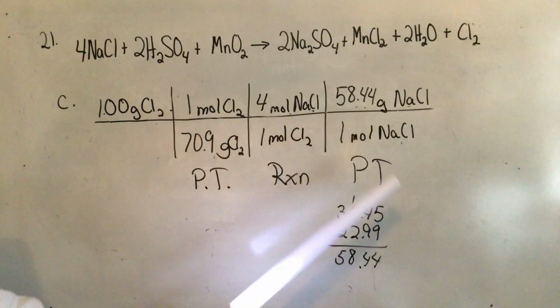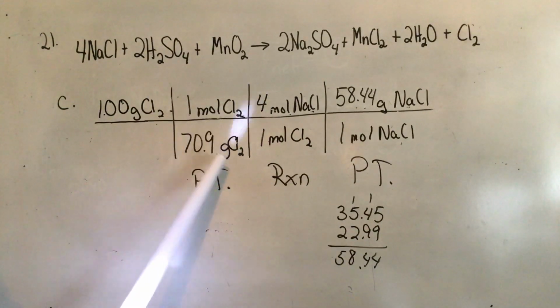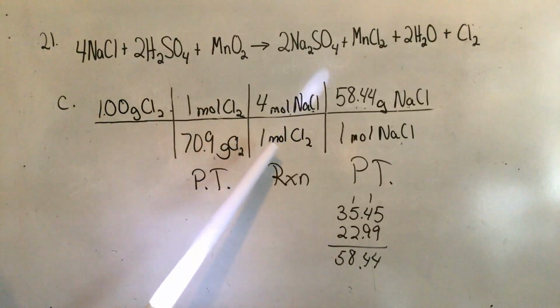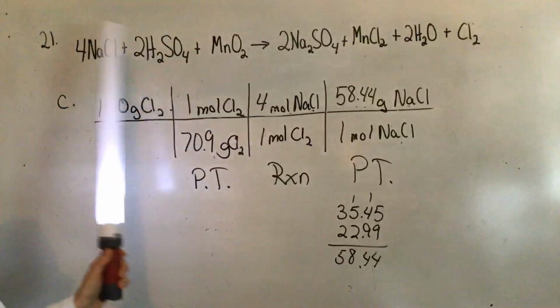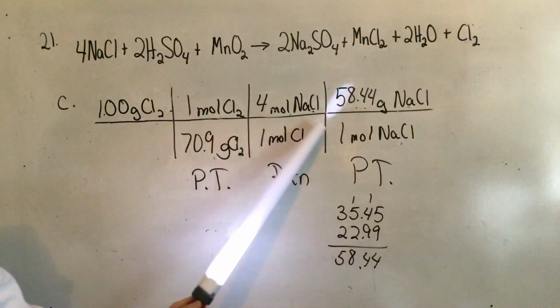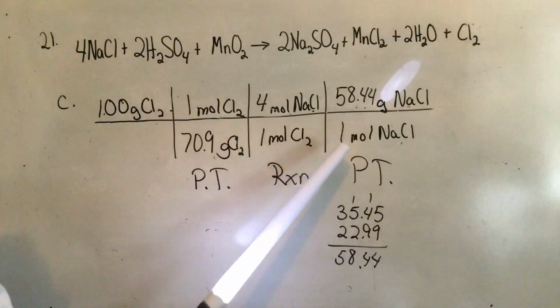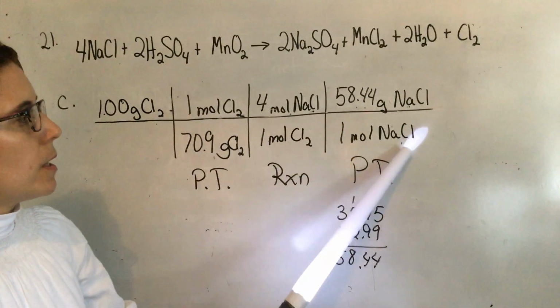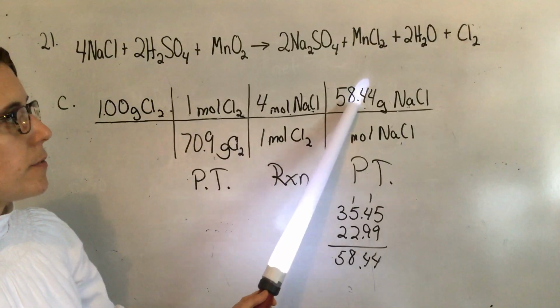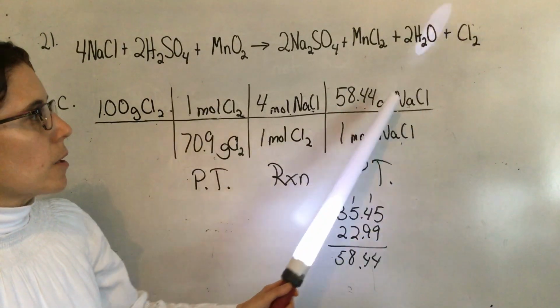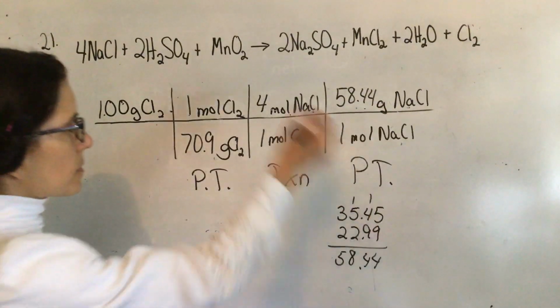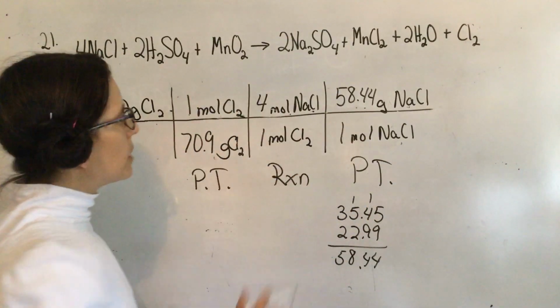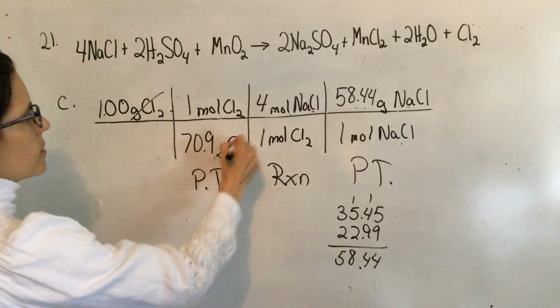So we have several true statements. There's 70.9 grams of chlorine in a mole of chlorine. 1 mole of chlorine in this reaction is equivalent to 4 moles of sodium chloride. And another true statement, 1 mole of sodium chloride has a molar mass of 58.44 grams per mole. All right, so all these are truthful as long as everything cancels out.